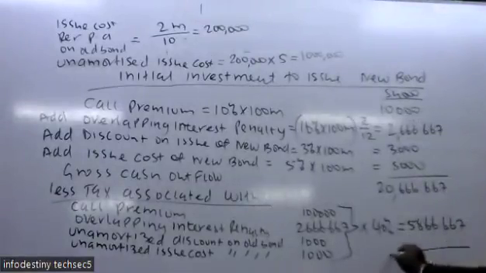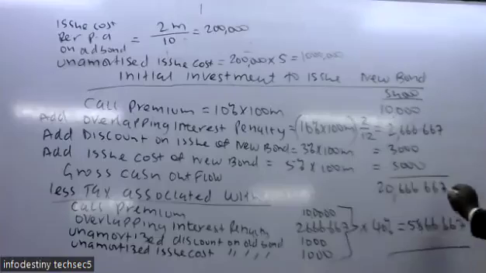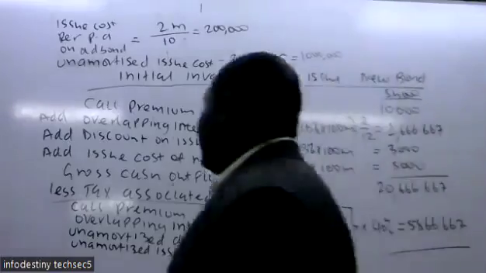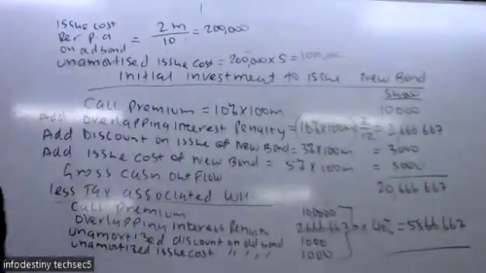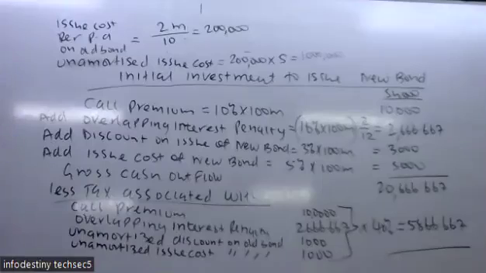So subtract this figure from this gross amount. We now subtract this from that, so that we get now the initial investment to issue the new bond.